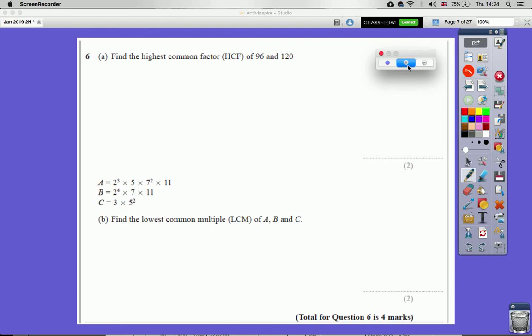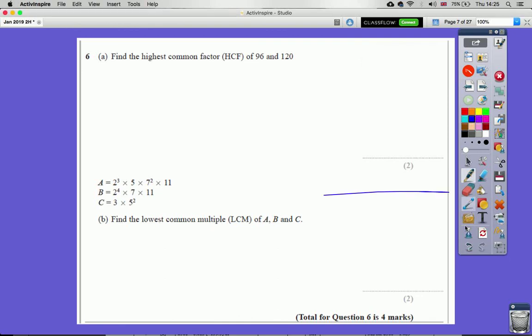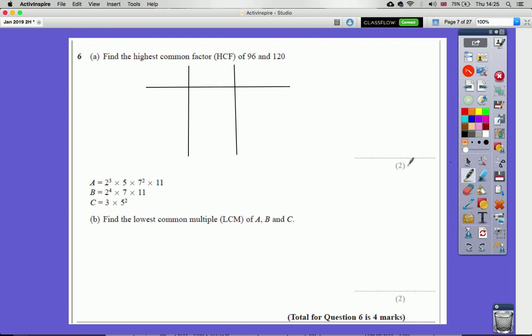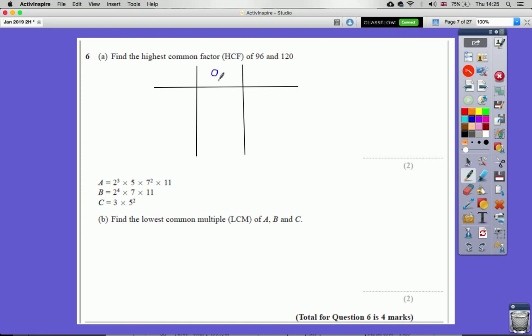Question number 6. Find the highest common factor of 96 and 120. So first I'm going to draw a table. I'm going to write 96, 120, and let's see what number goes into both of them.